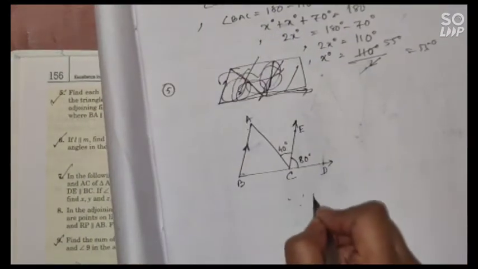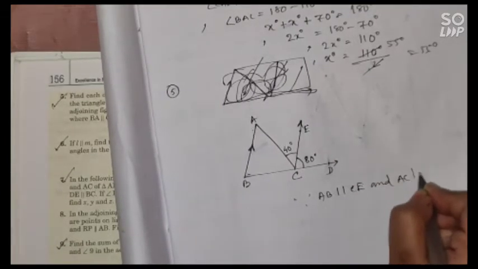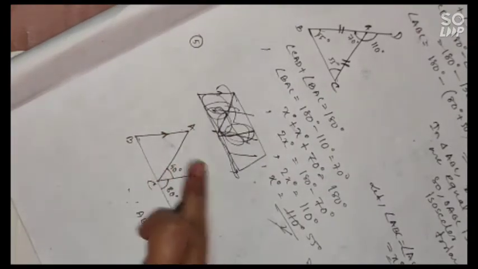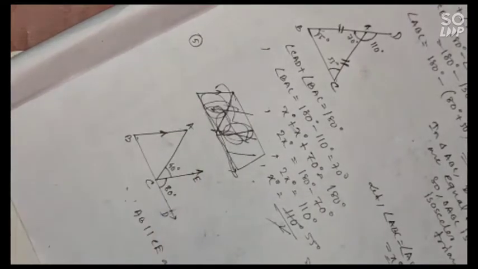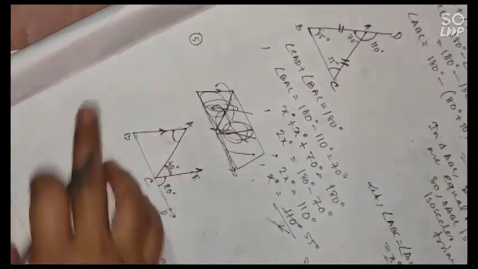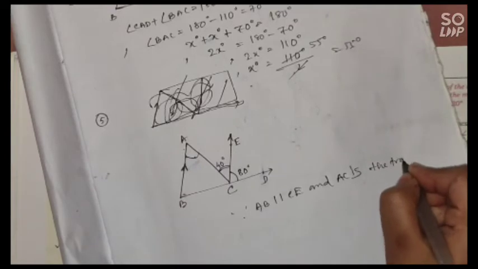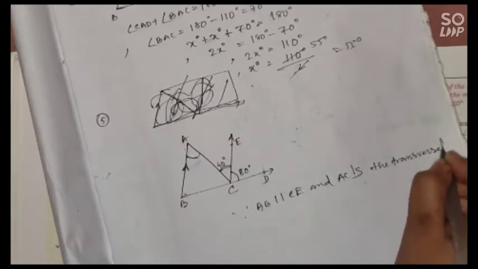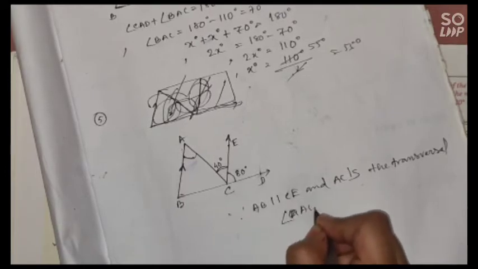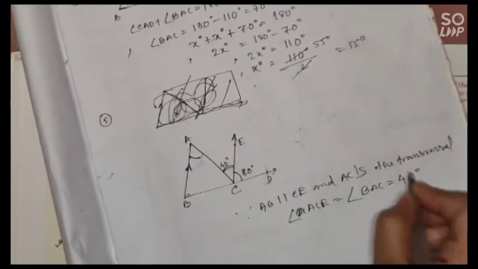Since AB is parallel to CE and AC is the transversal, this angle equals this angle. Since these are alternate angles, AB parallel to CE and AC is the transversal, so angle ACE equal to angle BAC equal to 40 degrees.